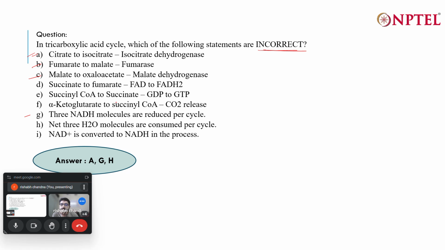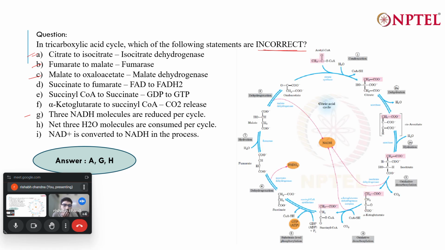Okay. So this is a typical TCA cycle that we are seeing. Once the acetyl coenzyme A enters the cycle, it reacts with oxaloacetate and forms citrate. Here one molecule of water enters and the coenzyme A is released. This takes place with the help of citrate synthase.